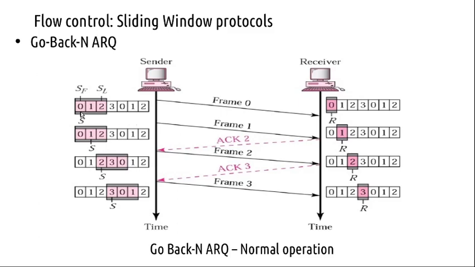This is very simple. The sender and the receiver have agreed that, say, I'll be sending 3 frames, or say I'll send 2 frames, and then I expect an acknowledgement. That is the understanding.